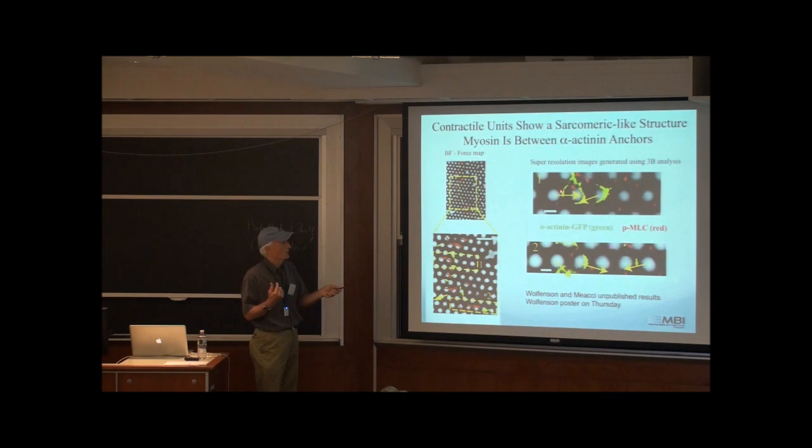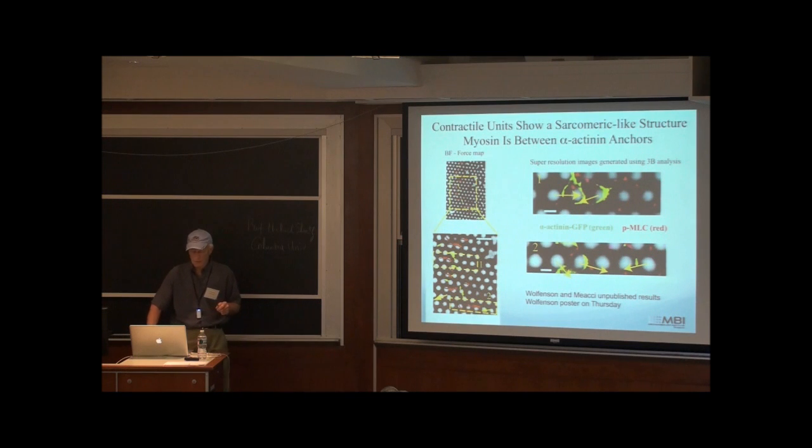And we see that here building up on the side of the central portion of the adhesions near the edge, and the ones back from the edge, at least the early ones, it's built up on this side, presumably because it was there initially, and as the edge moved out, it stayed there. Now you see this contraction, and you see the myosin is forming in between here. This is done with super resolution imaging using a 3B analysis protocol that was published last year.